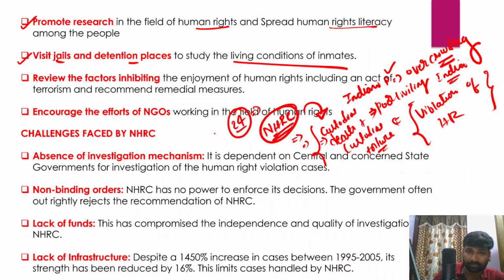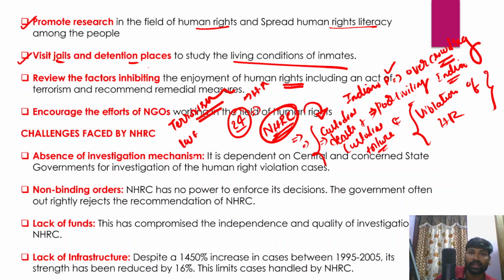And in fact, the National Human Rights Commission also reviews the factors which have been inhibiting the enjoyment of human rights. There might be certain factors that result in limiting the enjoyment of human rights. For example, terrorism has been limiting the enjoyment of human rights.